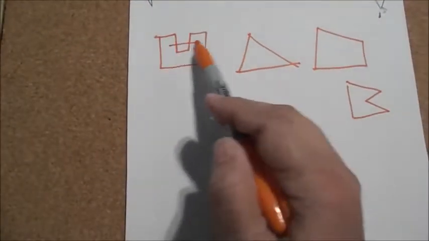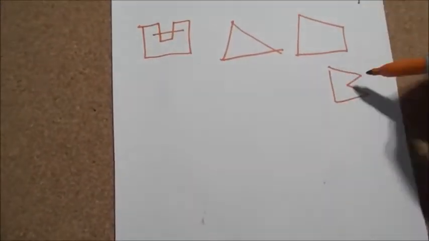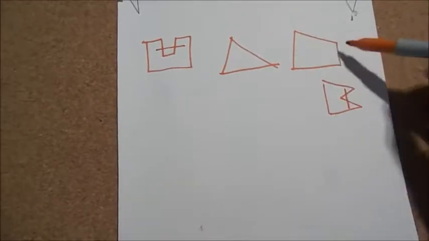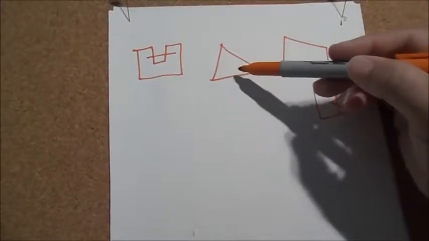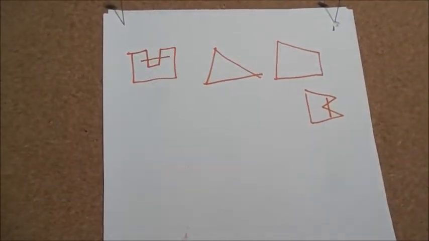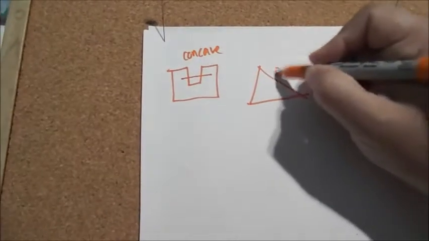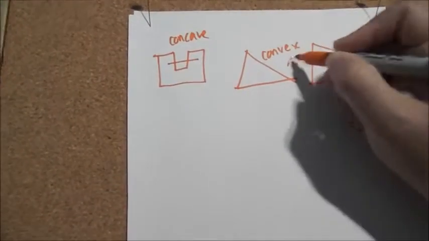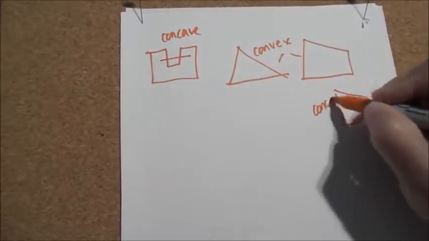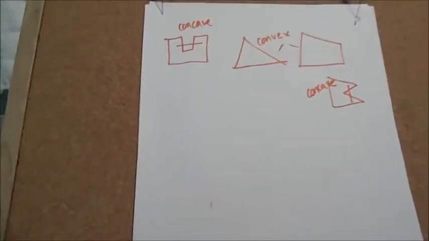I'm going to say this one looks like it's concave, and so does this one. I don't think I could draw 2 points and connect those with a segment that would leave the area. So we have concave, convex for these 2, and concave.